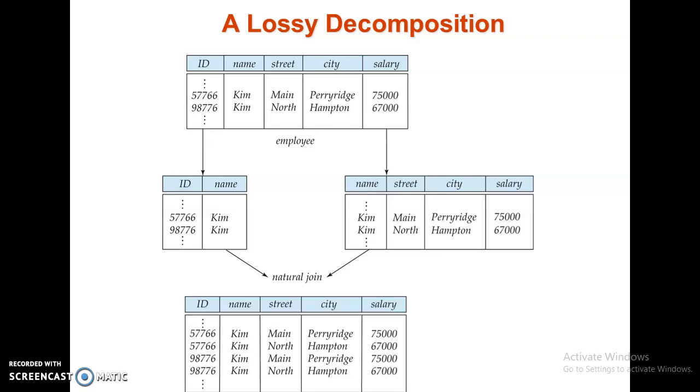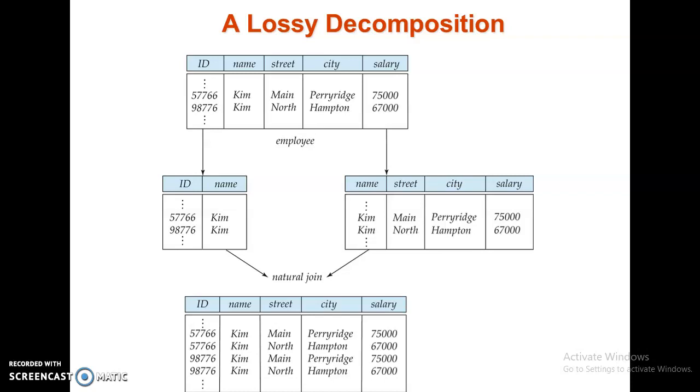That is, when you perform a join operation between the two decomposed relations, you should not lose any information that is there in the original relation. At the same time, you should not get any extra information which is not there in the original relation. Such decompositions are referred to as lossless join decomposition.